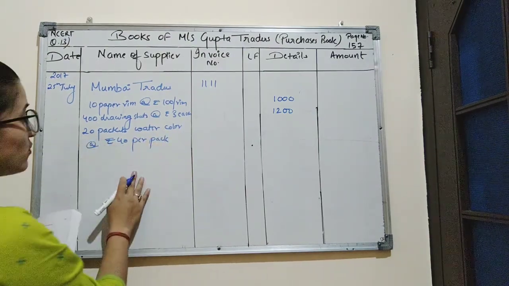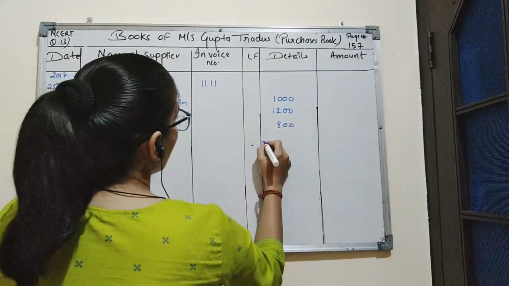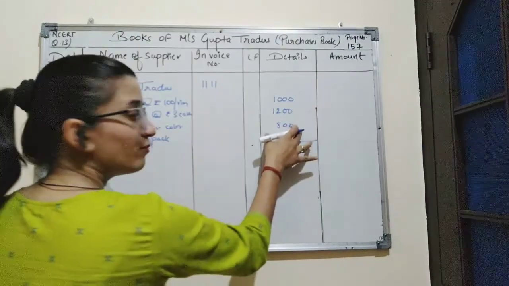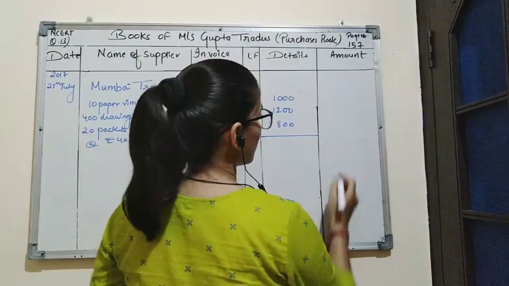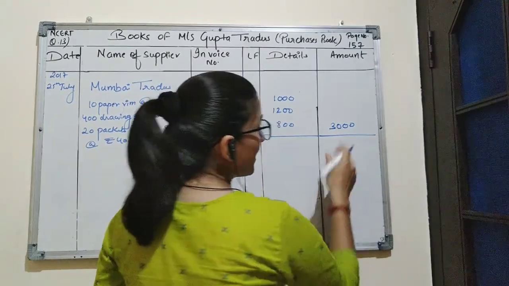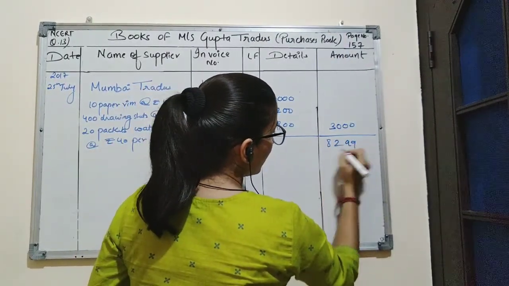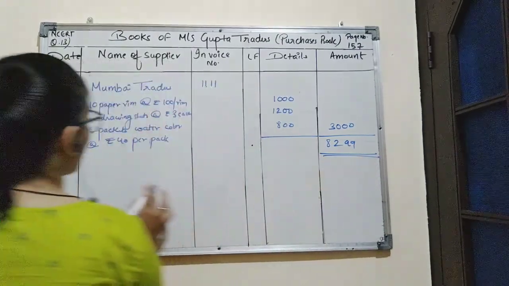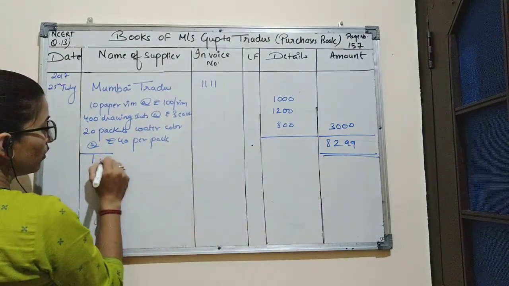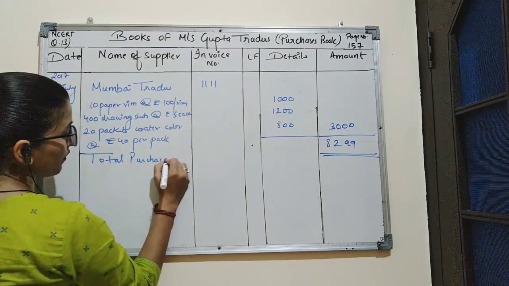So the total amount will be 20 into 40, which is 800. Now by adding total amount of purchase, we will get rupees 3000. So by adding all the amount, we will get 8299. 8299 will be the total purchase of Miss Gupta Traders.